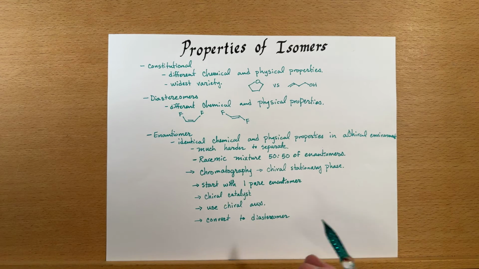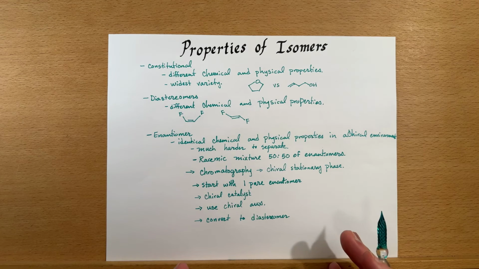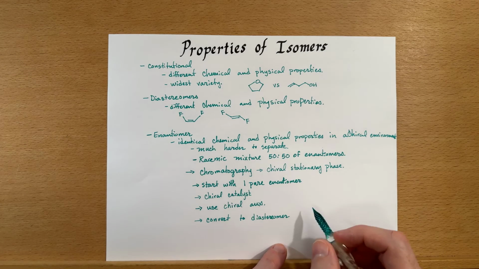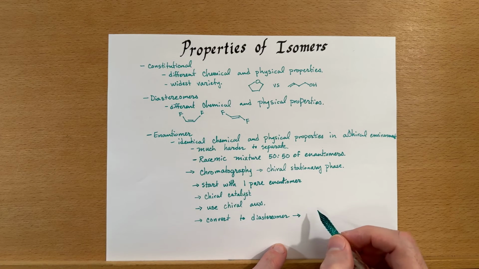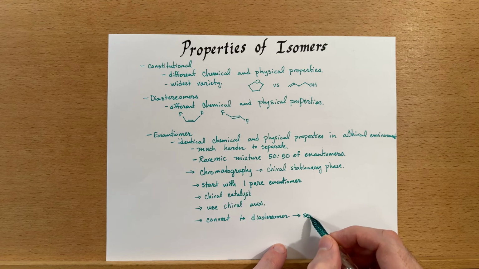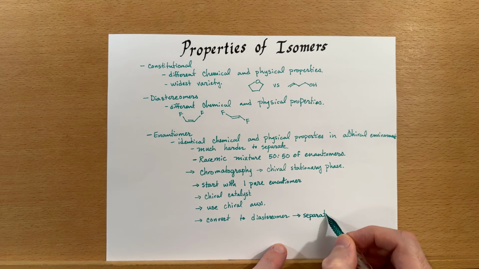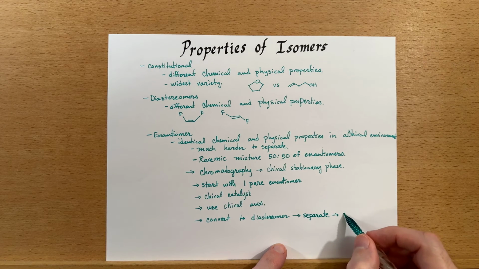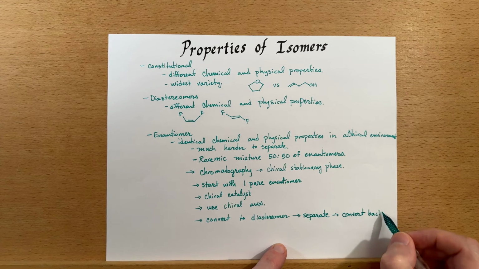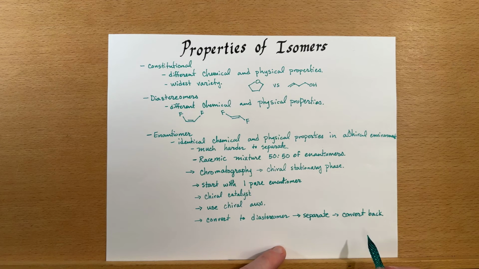Then you take advantage of those different properties, separate the two compounds, and then undo the conversion. And now you've isolated the one enantiomer.